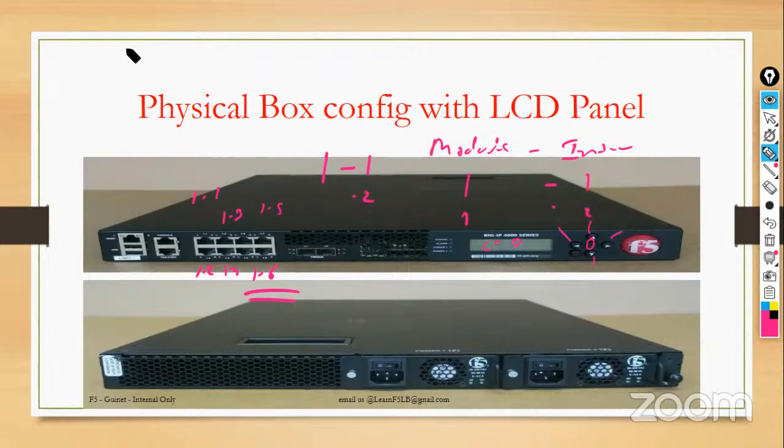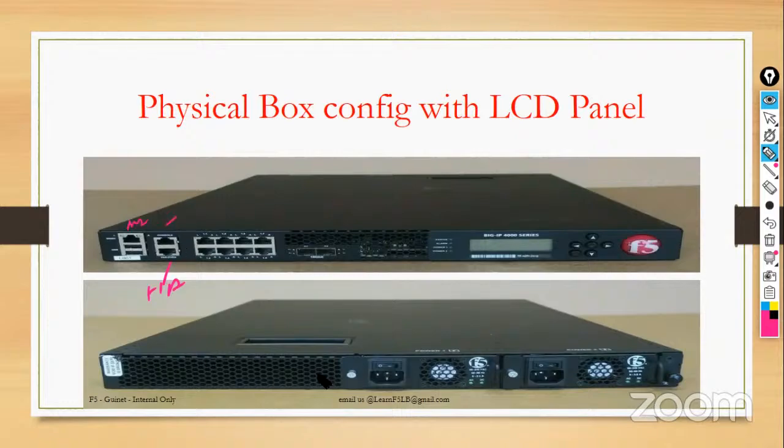So always you will see the F5 with interfaces like 1.1, 1.2. In Cisco switches we have something like GigabitEthernet 0/0/1, but in the F5 we have 1.1, 2.1. And you see we have the failover port, a dedicated failover port for HA. This is your management port, and this is your console port.